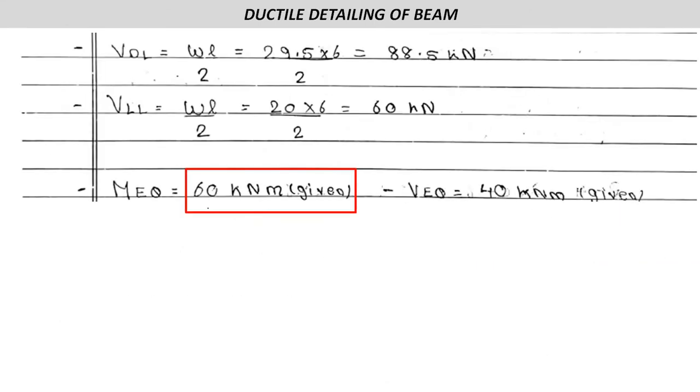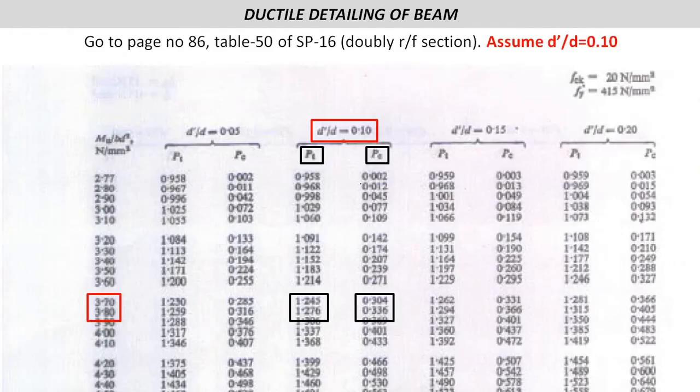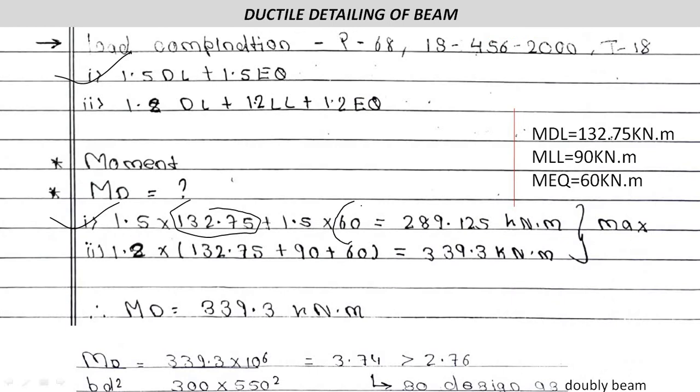For the earthquake load we will use M_EQ, so 60 kilonewton meter. So we have found the answer as 289.125 kilonewton into meter.